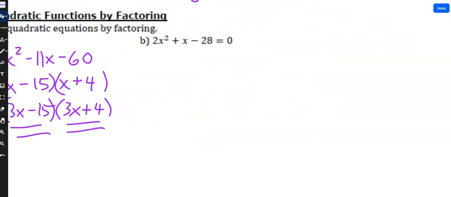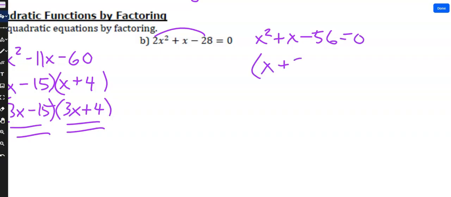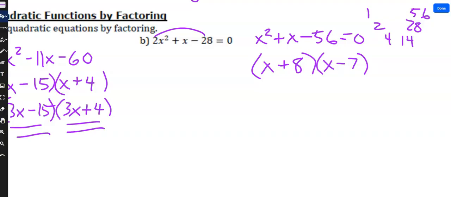Okay, one more here. Let's see. No GCF. So, we'll do our trick here. x squared plus x minus 56 equals 0. (x plus 8)(x minus 7), right? 7 and 8, right? If I do 1 and 56, 2 and 28, 4 and 14, and then 7 and 8.